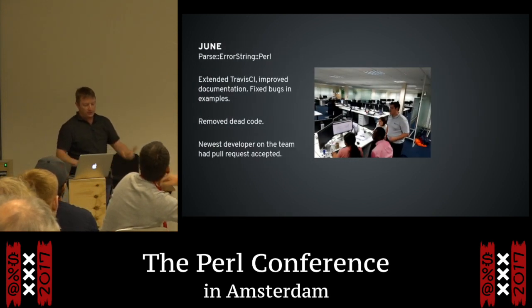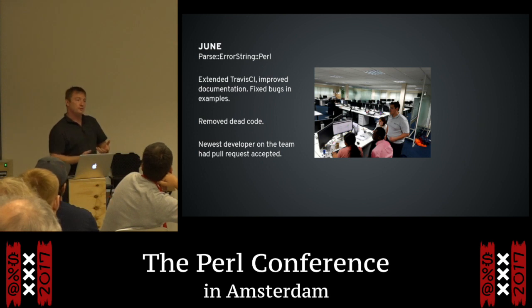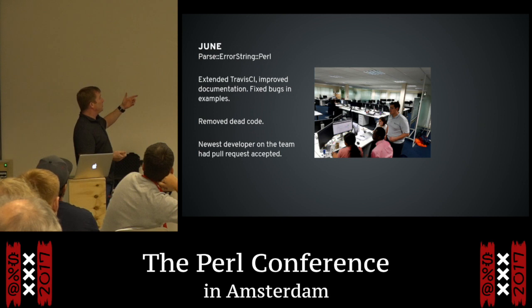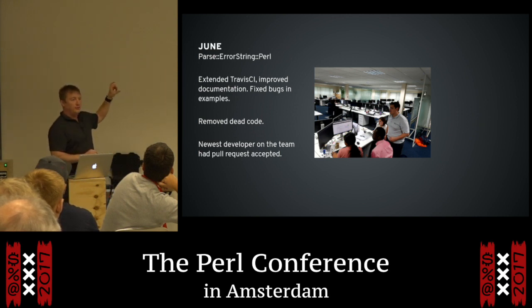Okay, June, we got past error string Perl. We're getting pretty good at this now, but we'd hired a new junior developer. And the really nice one about this one, I can't even remember what the module does, I apologize. But the really nice thing that stood out for us was that the newest developer we'd hired was able to get a pull request onto the module.